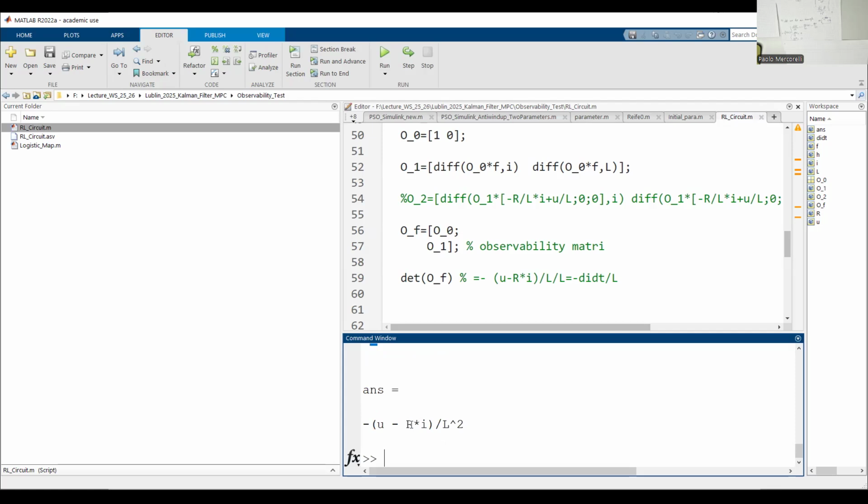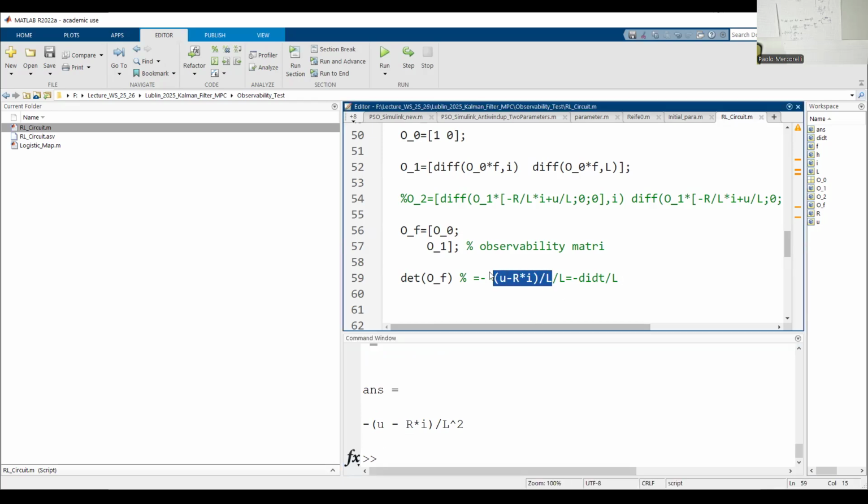I will discuss it together with you. Why is that? Because we can see here. Yes, correct, I made no errors. Because again, this element here is the derivative.